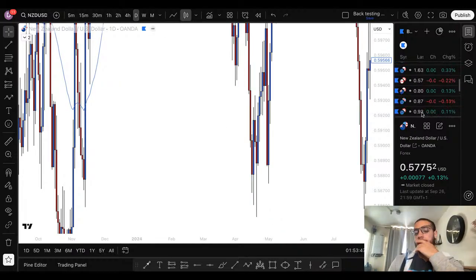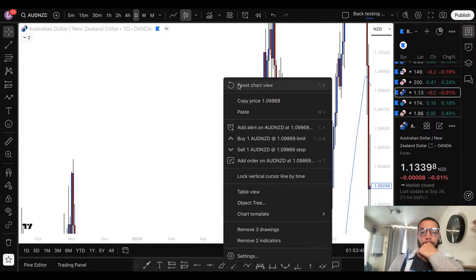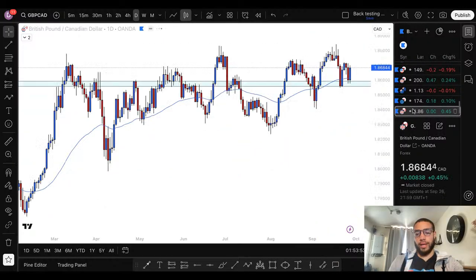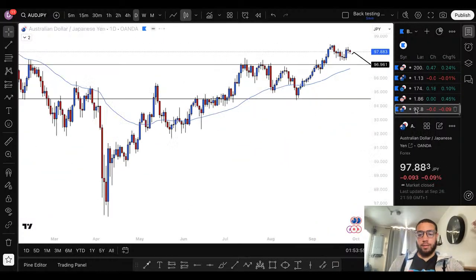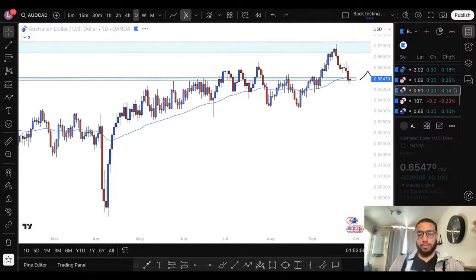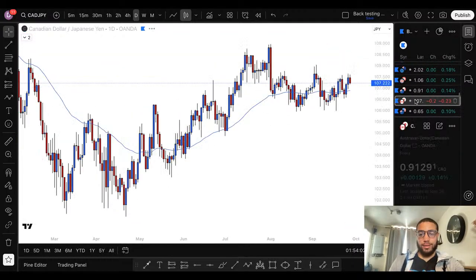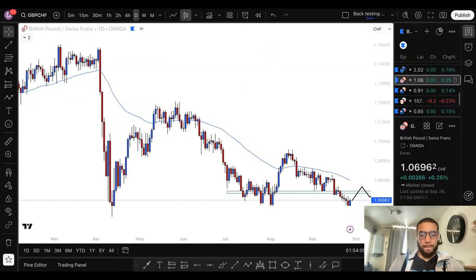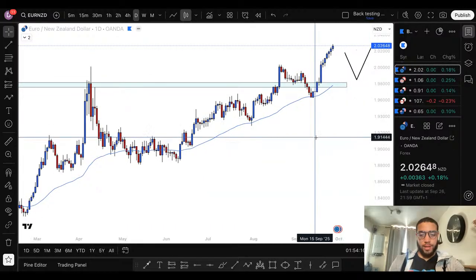We're going to wing it anyways. We're going to pick a pair. I've not got any actual select pairs or any plan for this. I just know how to trade. It's just simple as that. There's not much more to it. I'm going to look for a clean market now.